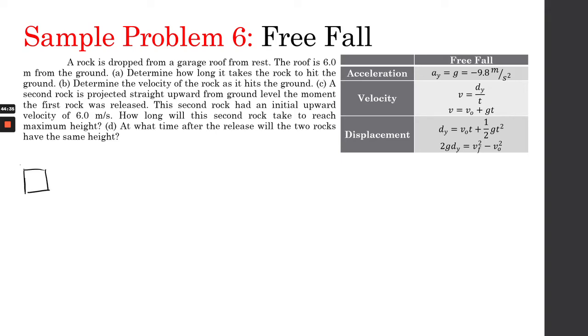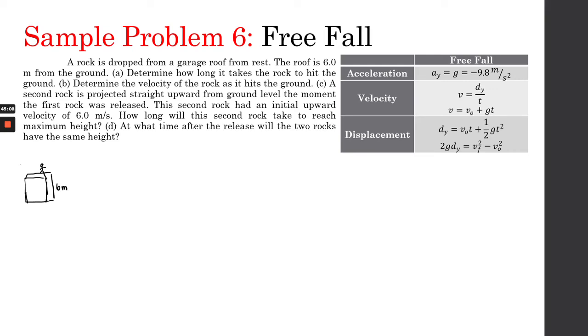You can think of this as our garage, and then this is the roof, and there's a person here. The roof is 6 meters from the ground, so the distance of the roof to the ground is 6 meters.